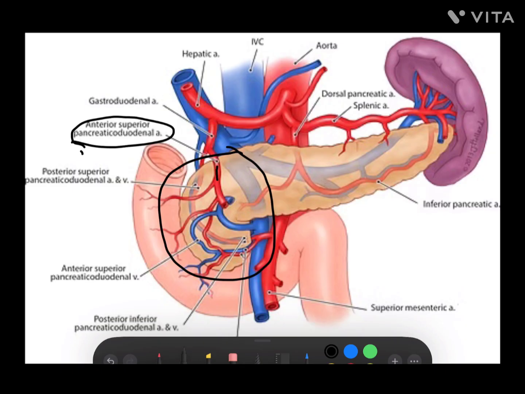Along with that we can see the posterior inferior pancreatico-duodenal artery. In the body and tail we can see splenic artery branches. These splenic artery branches provide the arterial supply to the pancreas.